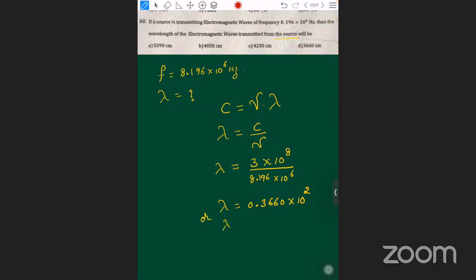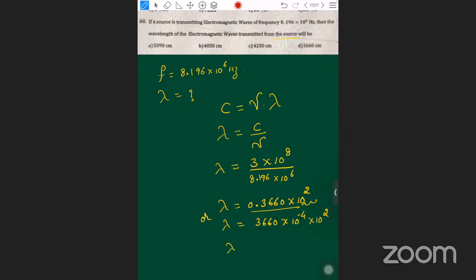This 0.3660 can be considered as 3660 into 10 power minus 4.